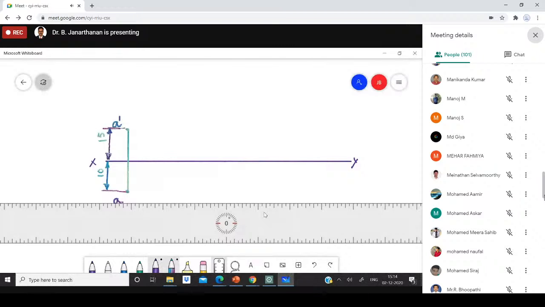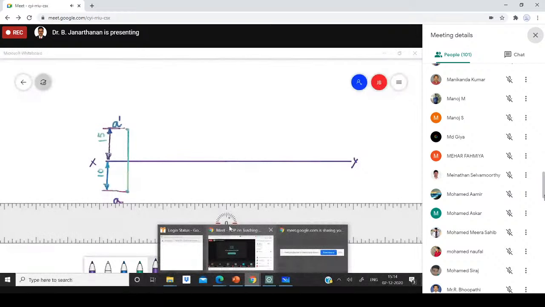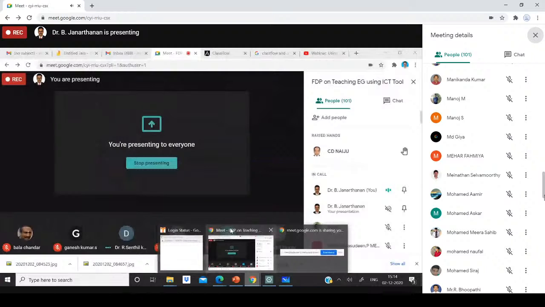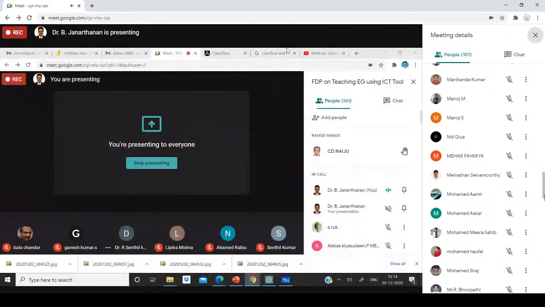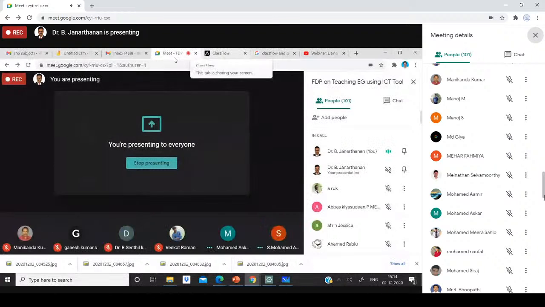So I have used the other whiteboard, which is from ClassFlow. I'll now show how to use ClassFlow also. Before that, many of you are familiar with Google Classroom, and there is a whiteboard called Jamboard. So I'll try to use that Jamboard also.